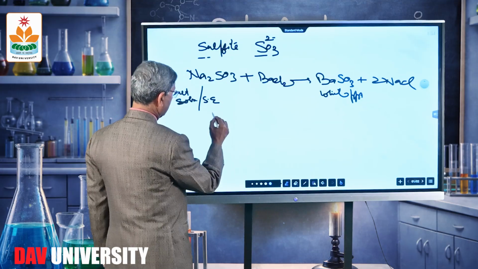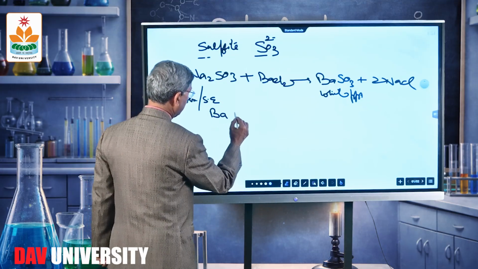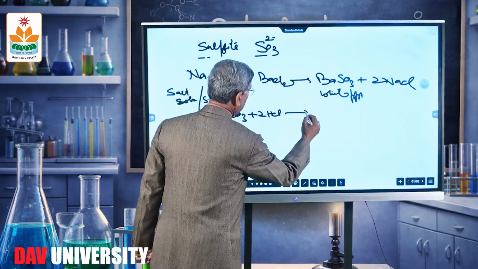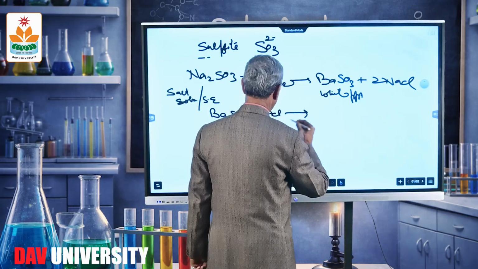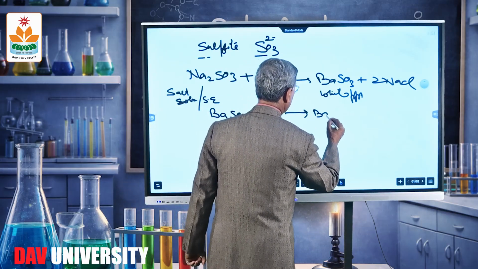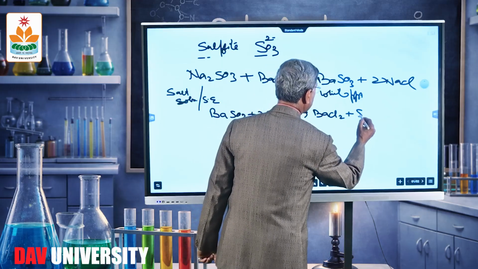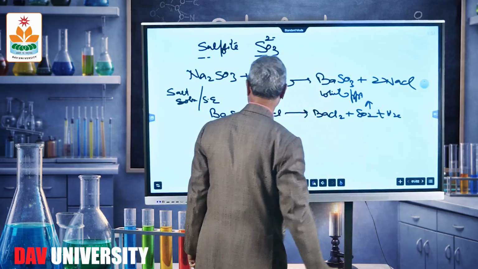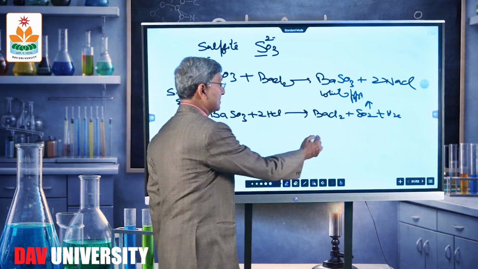When we treat this white precipitate of barium sulfite with HCl, it decomposes, forming barium chloride plus sulfur dioxide plus water. So this is soluble.